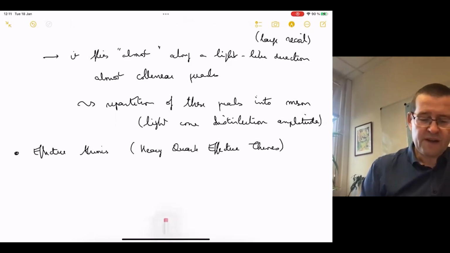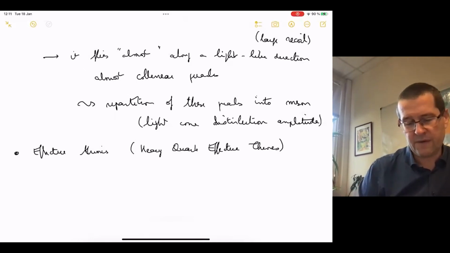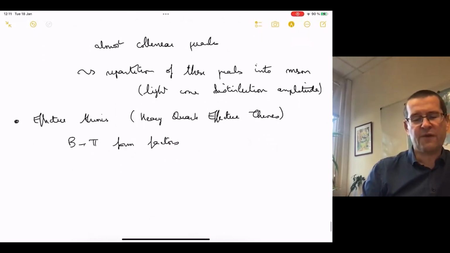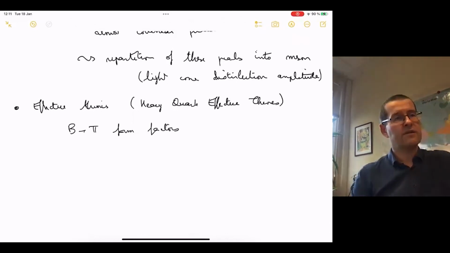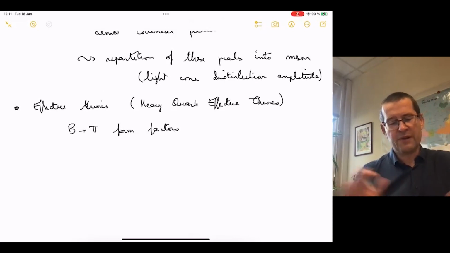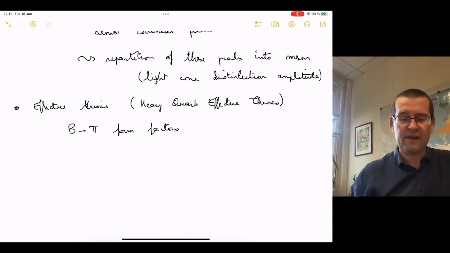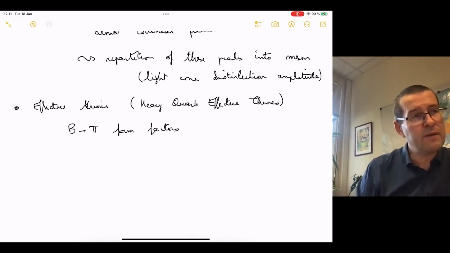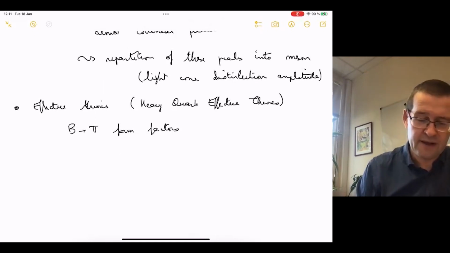So what's the idea? When we look, for instance, at B to pi form factors, the way I treated that for the moment is a bit to say, well, you've got the strong interaction in the non-perturbative regime, and we don't know anything. But if you've got a heavy quark, you can still play games and say, okay, look, it's true that I've got lambda QCD.